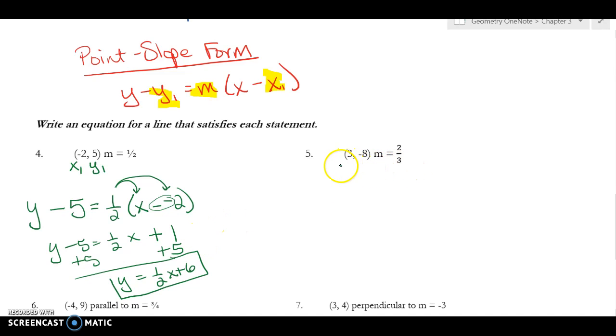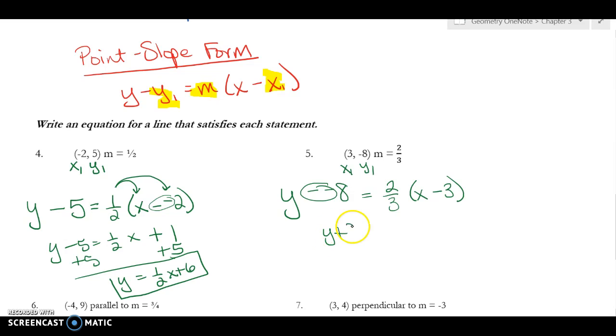Okay, over here, same thing, x1, y1. I'm going to plug it in. So it's going to be y minus y1. Negative 8 equals my m, 2/3, x minus my x1. So right here, this becomes a plus. 2/3 times x is 2/3 x.